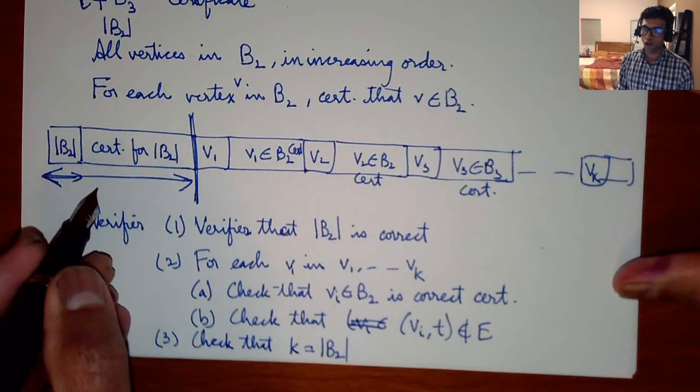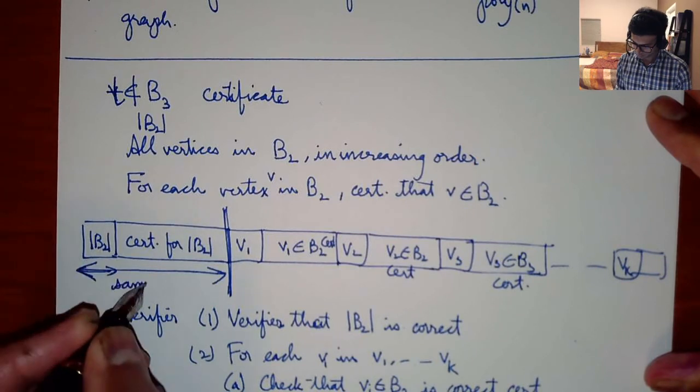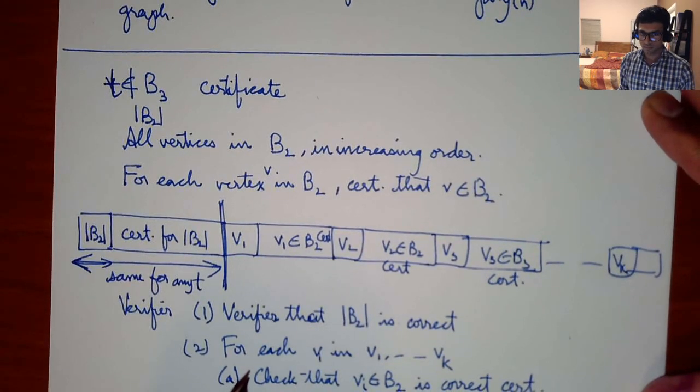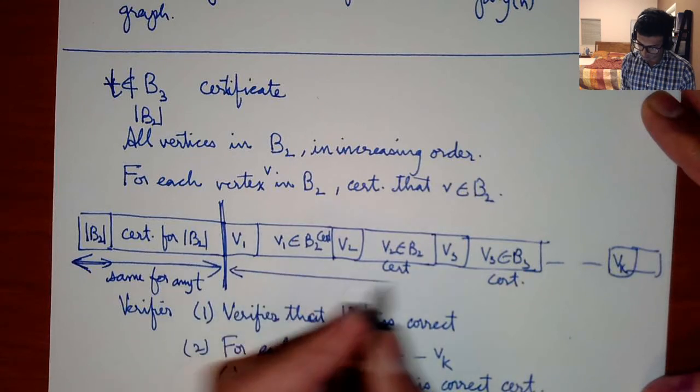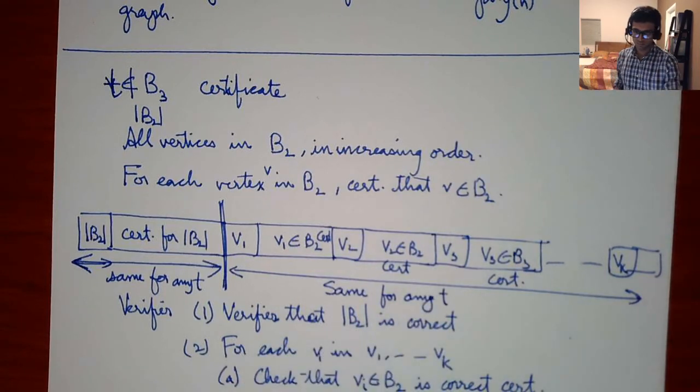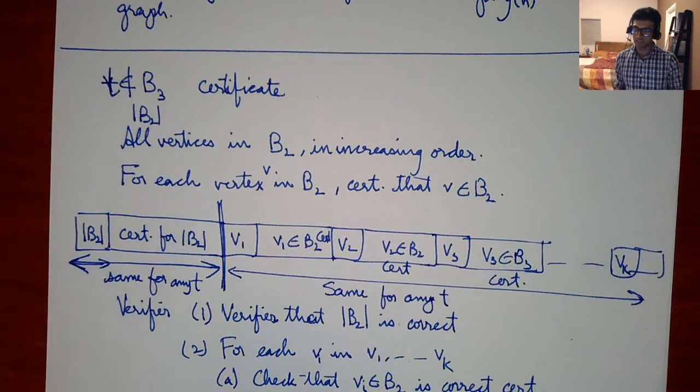So this is the same for any T. If you think about it, the certificate has nothing to do with T. Now, what is this? This is just a series of paths.